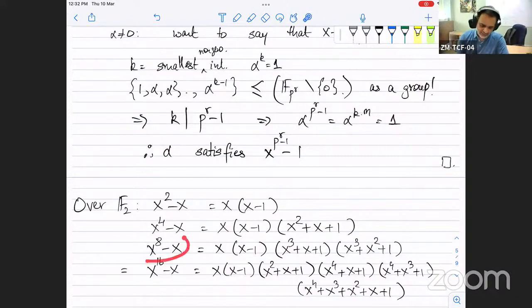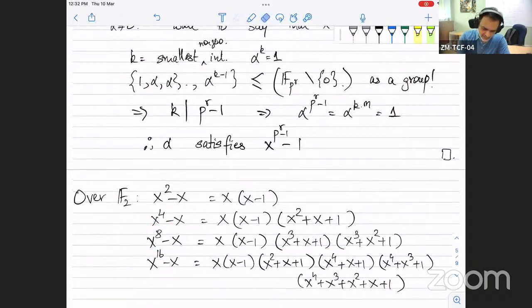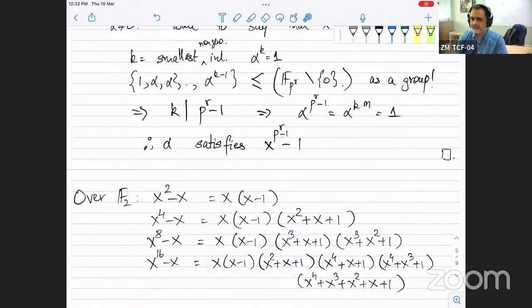If you look at x^8 minus x, you have a bunch of things. And if you look at x^16 minus x, again you have a bunch of things. But it looks like this guy is a factor of this guy. So there's something unusual happening here, which I'm going to try and demystify.